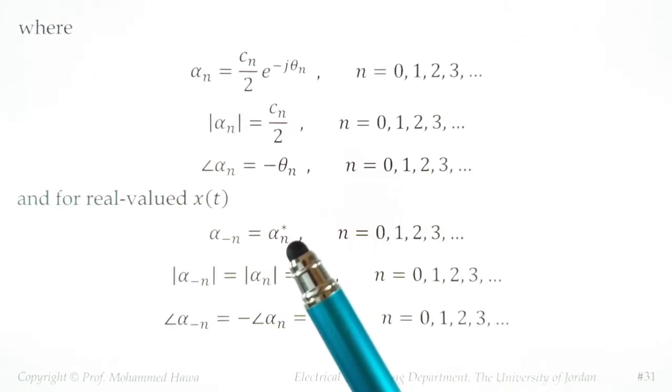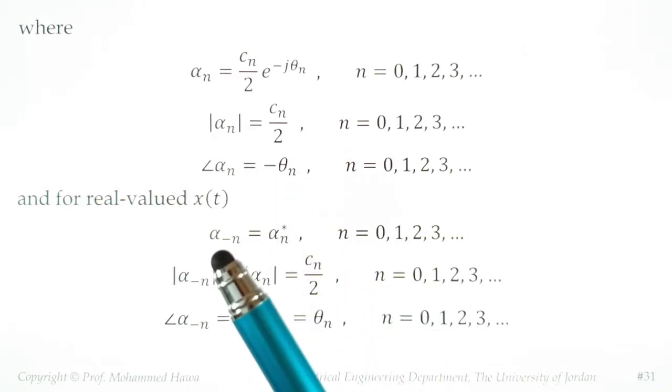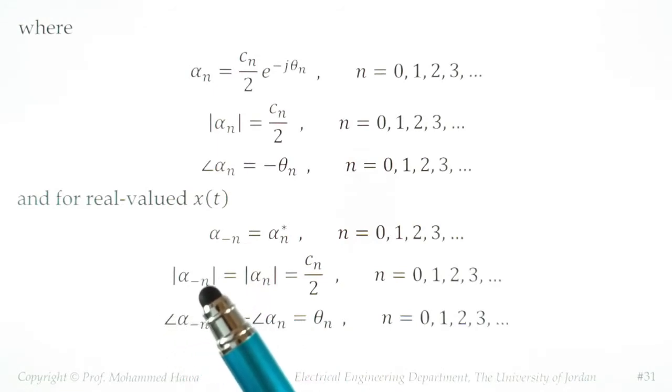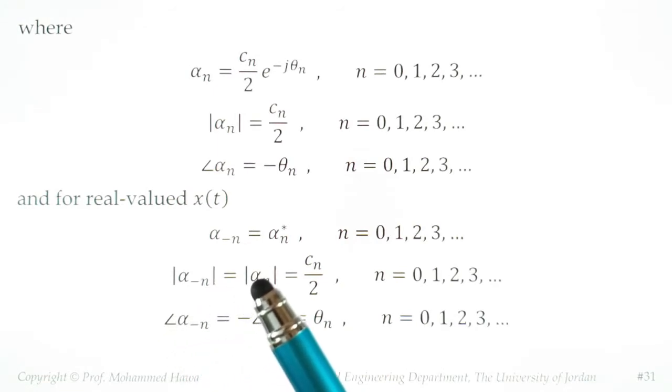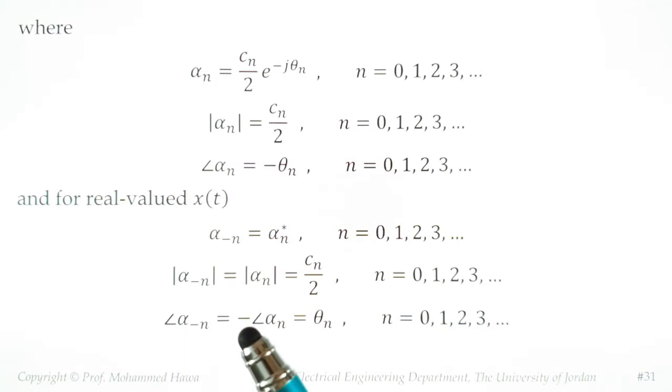So if you take alpha n with that magnitude and that phase shift, and you take the conjugate, what you're getting is alpha minus n. So the amplitude of alpha minus n, say alpha minus 1, is the same as the amplitude of alpha 1, which is C1 over 2. They have the same amplitude. In conjugate, the amplitude remains the same. But if you take the phase, say alpha minus 1, it's the negative of the phase of alpha 1, which is, by the way, minus theta n, so it is theta n. That's the phase shift for the negative index.